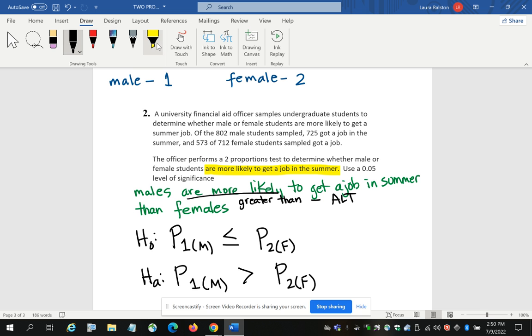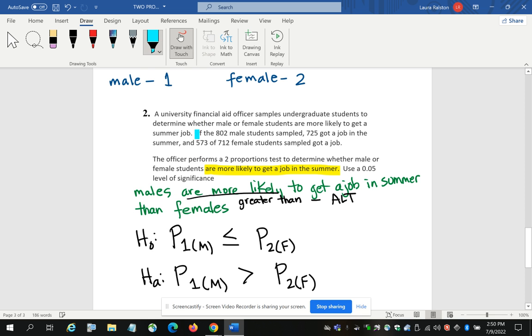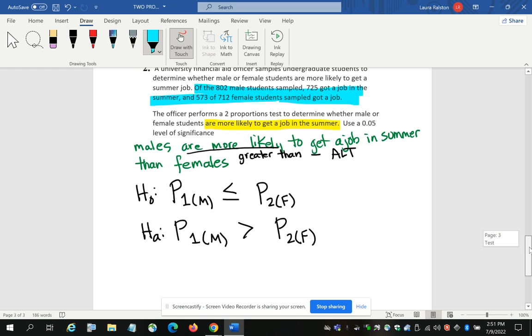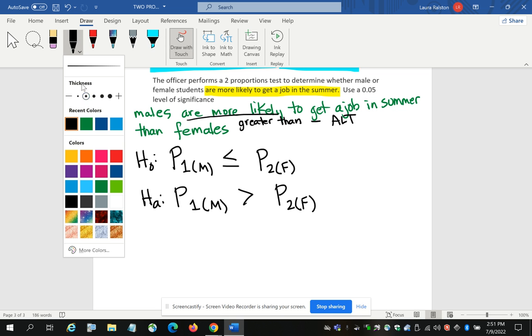Now, since this information was given to us in sentence form, in the last sentence of the first paragraph, it may help us to create a little table of this information so we make sure we get it entered correctly.